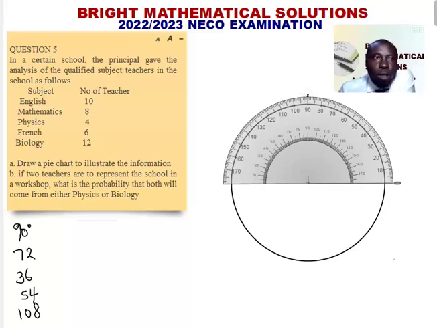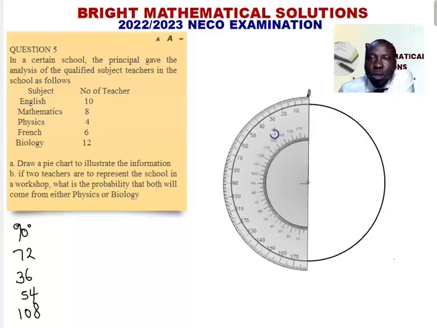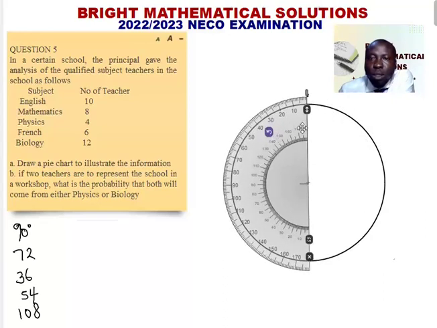So from there, we are going to position our protractor such that it matches where our 90 degrees ends. So the next thing we have to look for is 72 degrees.